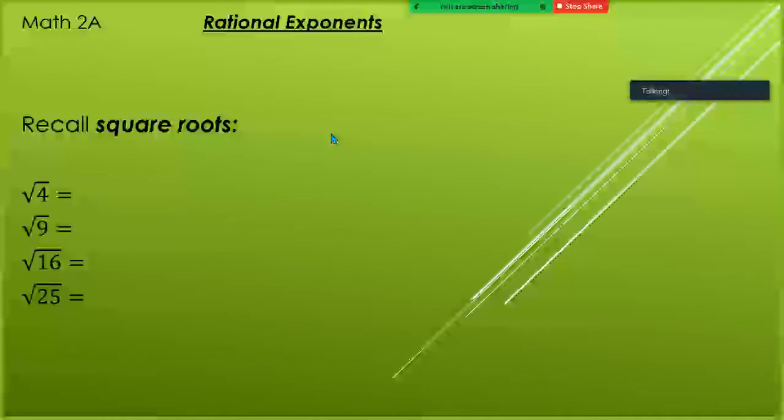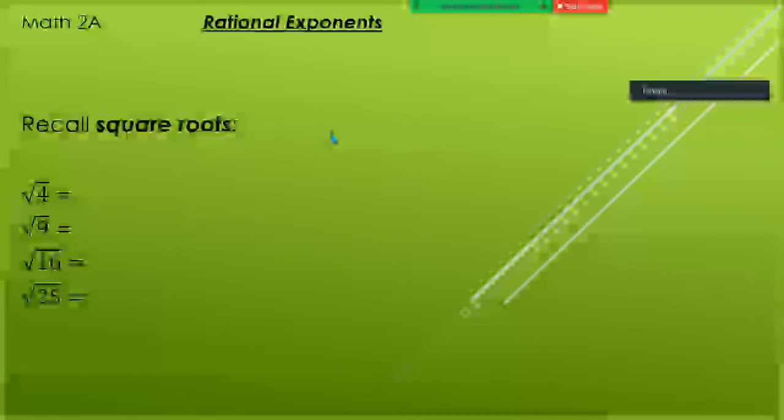Please. We haven't done them together in class, but I know you've all seen them before in your earlier math classes. Any ideas?